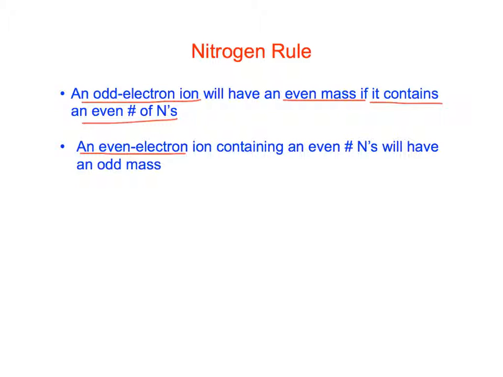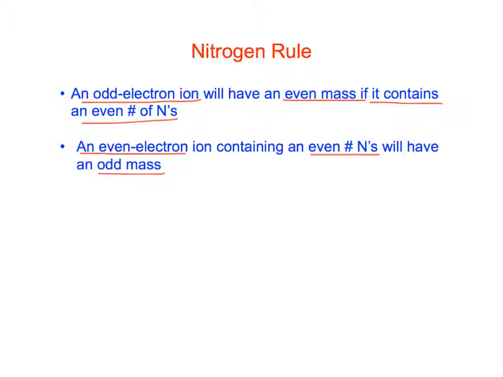So an even electron ion containing, well, this always turns into a complicated thing. Let's say here, I said an even electron ion containing an even number of nitrogens will have an odd mass. So we could have a whole bunch of different variations of this.